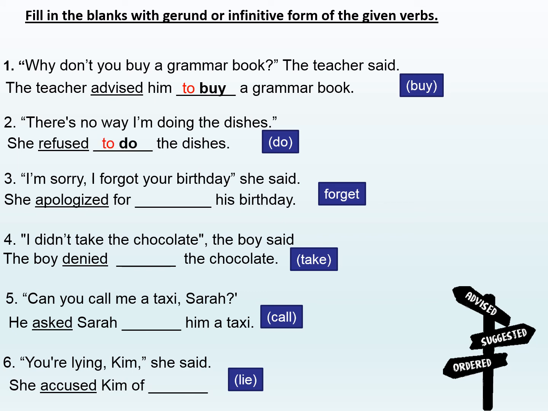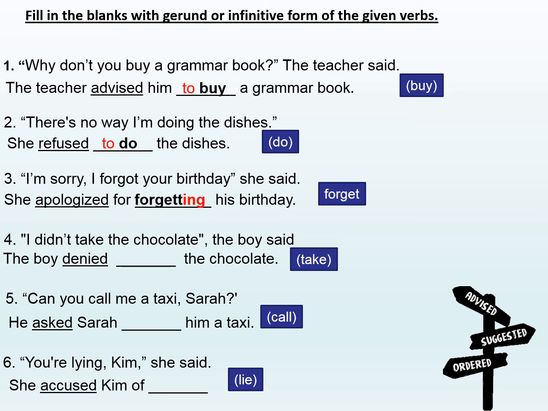Number 3. I'm sorry, I forgot your birthday, she said. Forget. To forget or forgetting. So she apologized for forgetting his birthday. Yes. Number 4. I didn't take the chocolate, the boy said.